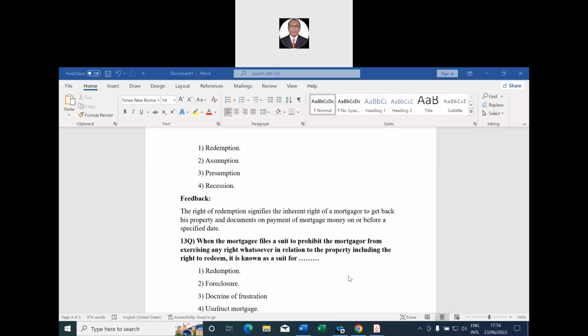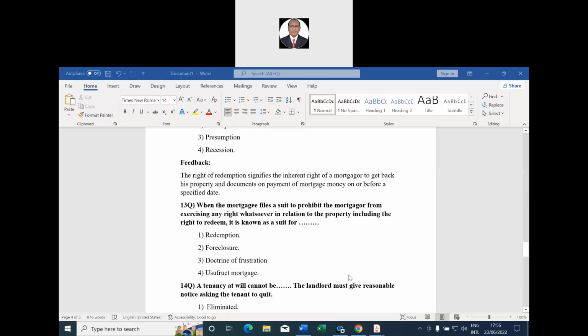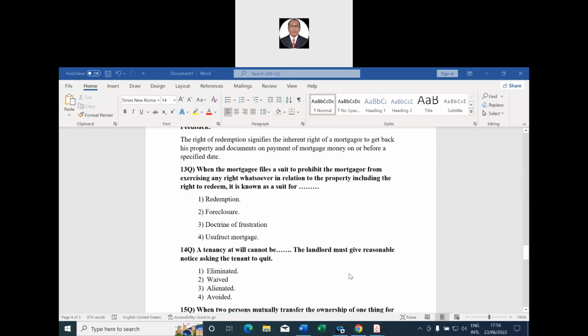Number 2, sir. The answer is foreclosure. That is known as a suit for foreclosure. They have given the definition of foreclosure and made four options, and one is correct.